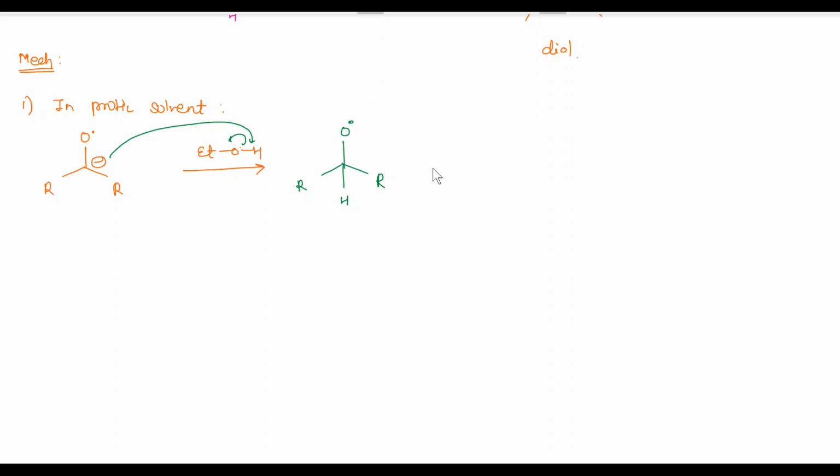In next step, addition of one electron take place and we get alkoxide ion, and after H plus we get this alcohol as a product.